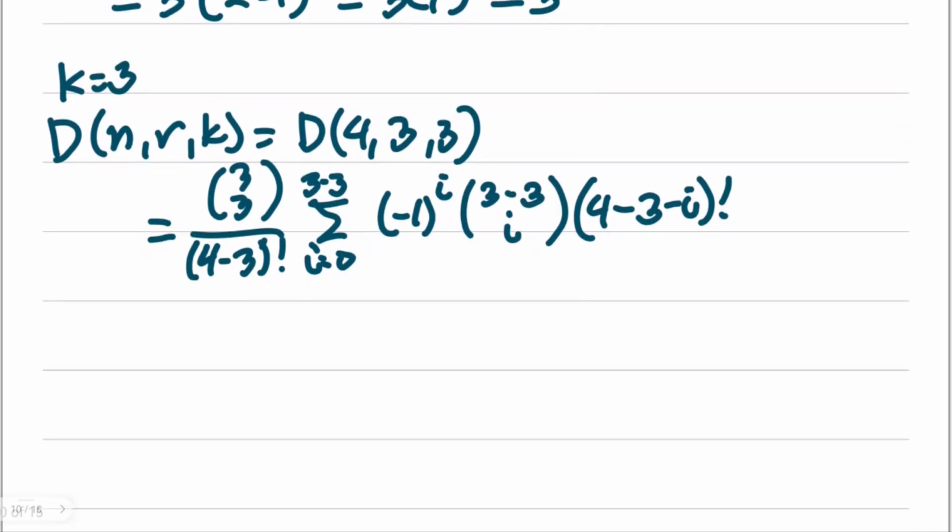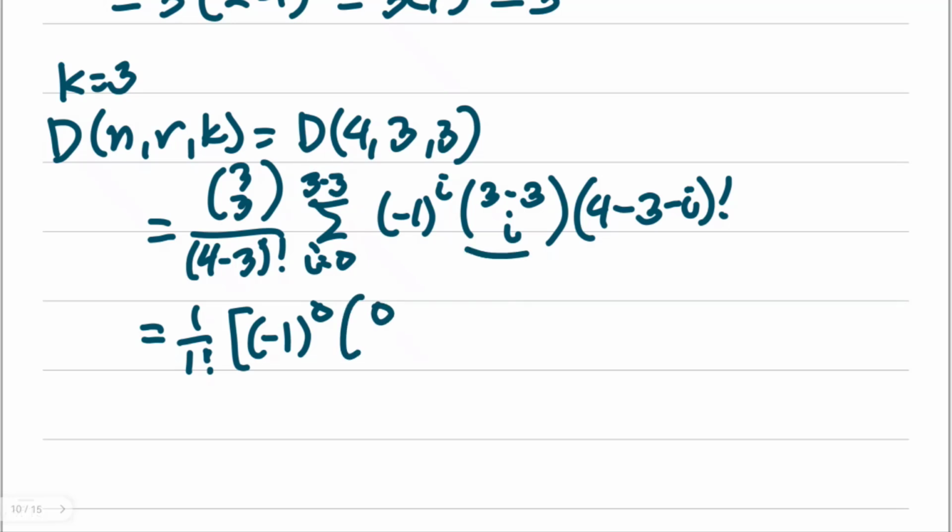Okay, so that's actually 3 combination 3 is actually 1 over 1 factorial. Okay, so we have that times the expansion of this. Take note, if you have 0 combination 0, that's equal to 1. 3 minus 3 is 0.